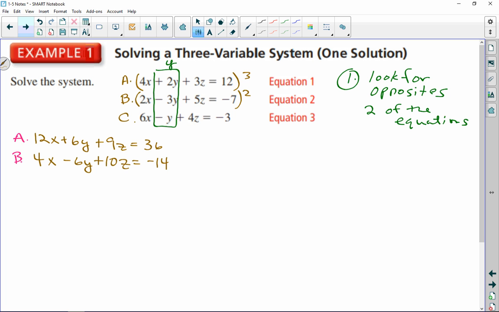So basically I have modified them. Okay? Now I want to draw my line. Remember in 5th grade how you stack numbers to add and subtract them? So what happens here? That eliminates the y's, doesn't it? You guys see that?